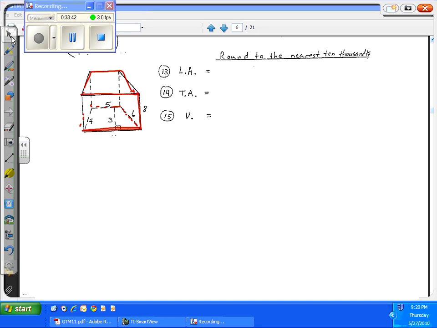And to find the area of a rectangle, you take base times height. The base of that folded out rectangle would be the perimeter of the bottom, and the height of that folded out rectangle would be the height of the prism. So we need the perimeter of the bottom times the height of the prism.